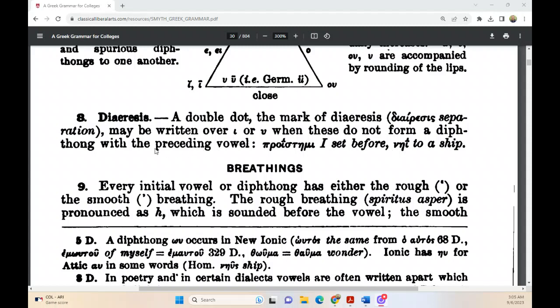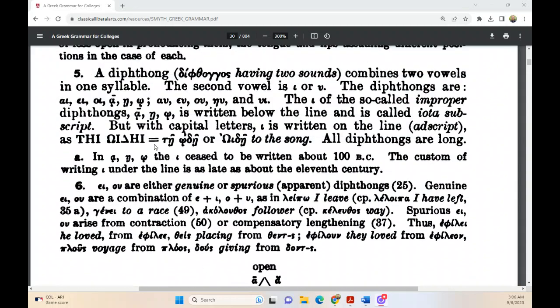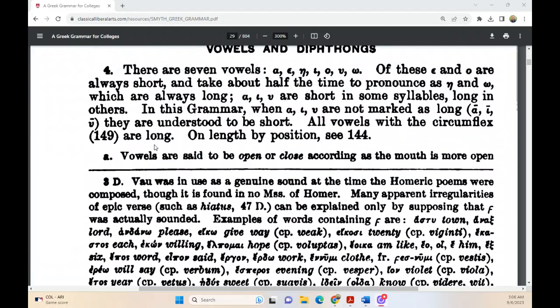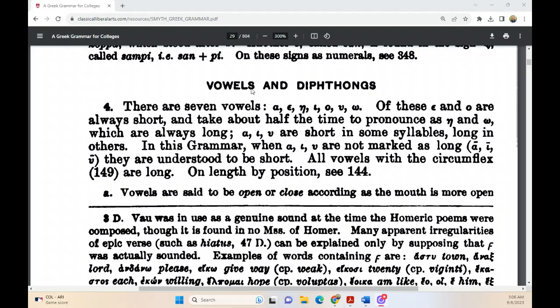That brings us to the end of Article 8, and that also brings us to the end of Lesson 2. So in Lesson 2, we learned about the vowels of the Greek alphabet. We learned that there are 7 vowels. We learned some are always long, some are always short, some can be short or long.